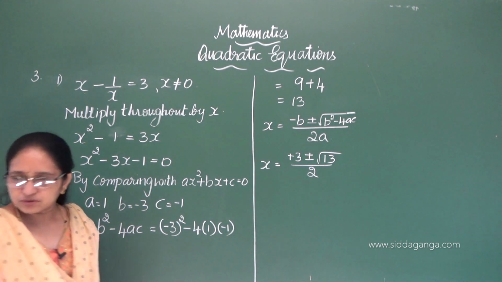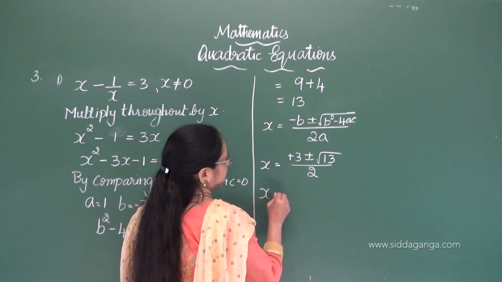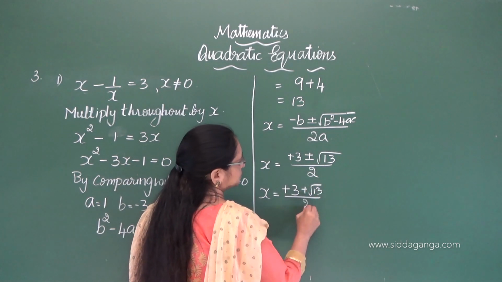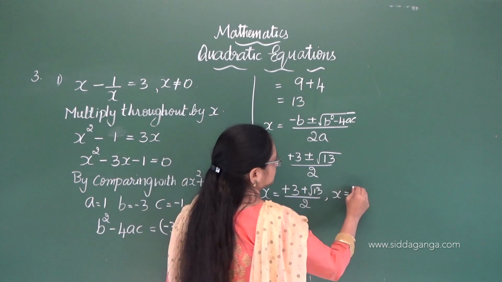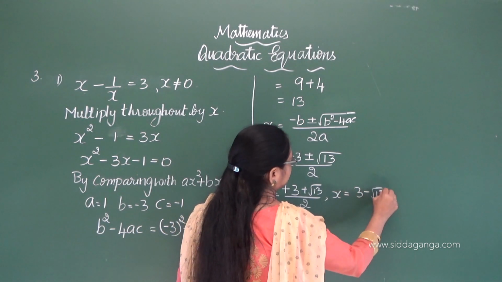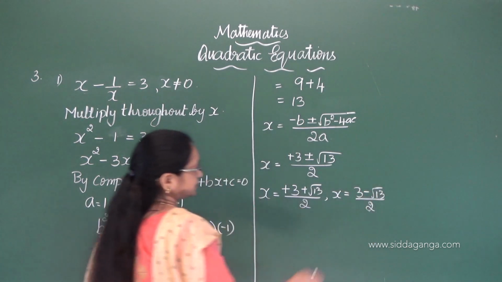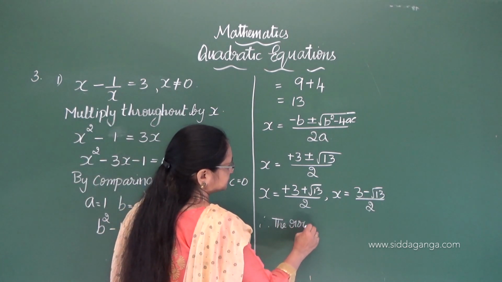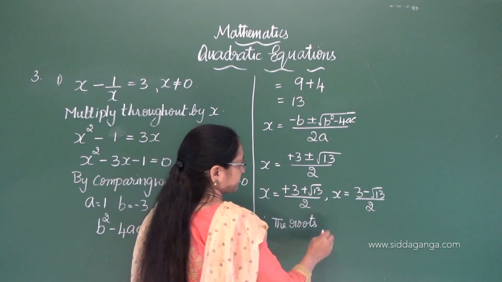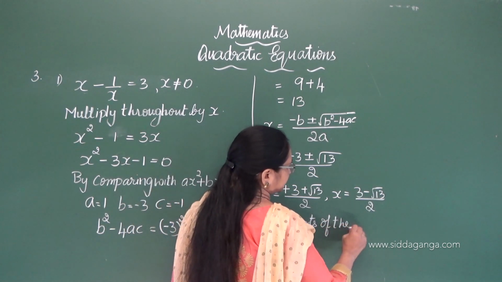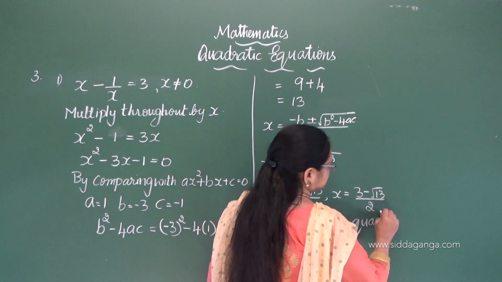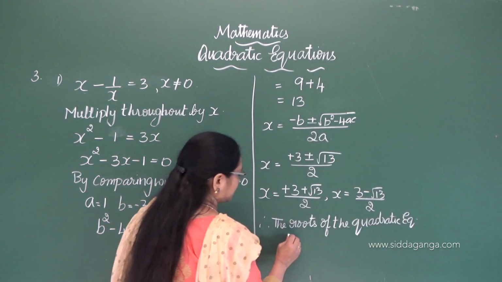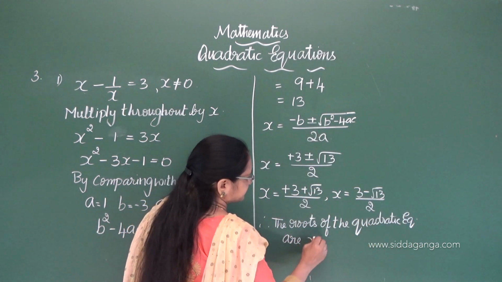Now, what are the roots then? This can be written like this also: x is equal to 3 plus root 13 by 2, and x is equal to 3 minus root 13 by 2. So these are the two roots. Therefore, the roots of the quadratic equation are, you have to write like this.